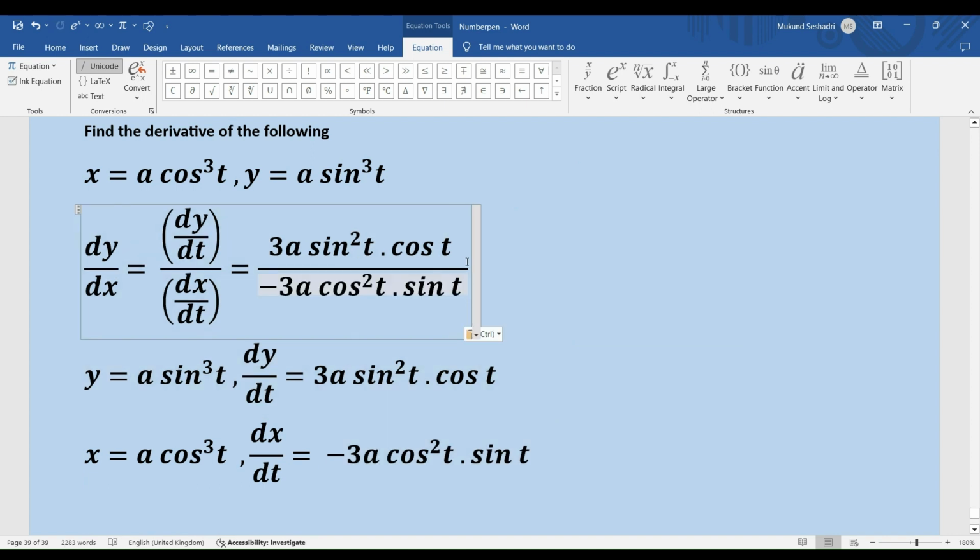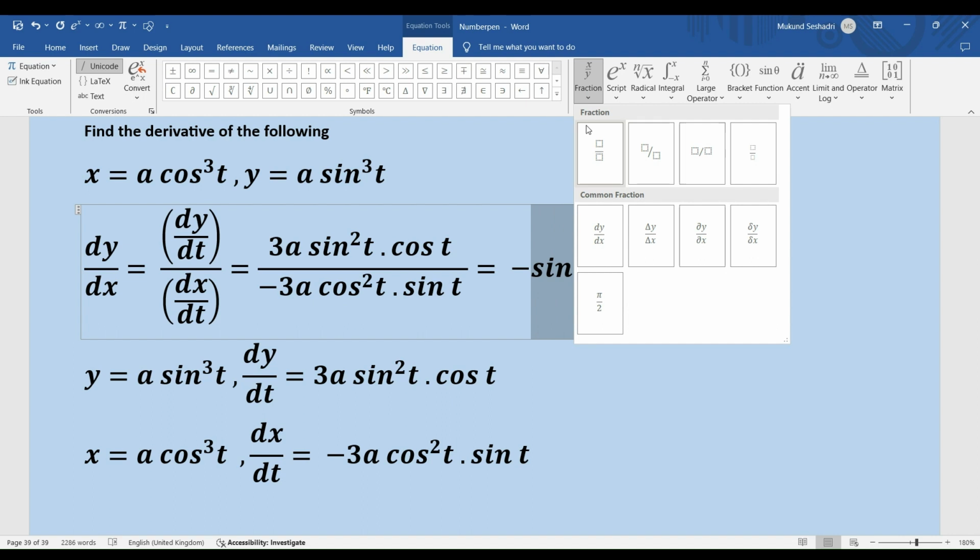And yes, I can cancel out the cos t in the numerator and the sine t in the denominator with the cos square t in the denominator and the sine square t in the numerator respectively. And my 3a also goes out, and remember folks, I have a negative sign, so I'm left with a minus. Let me write it like this: minus sine t by cos t post all my cancellations.